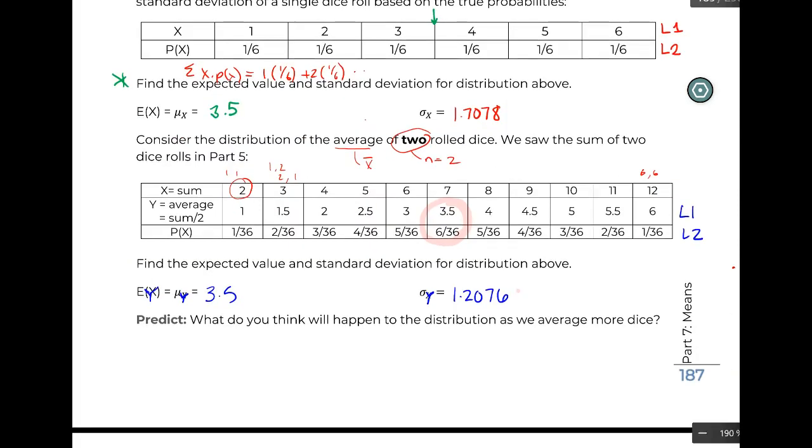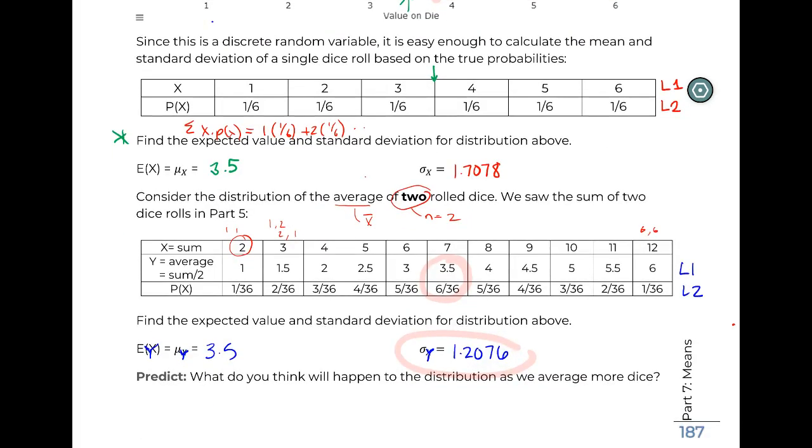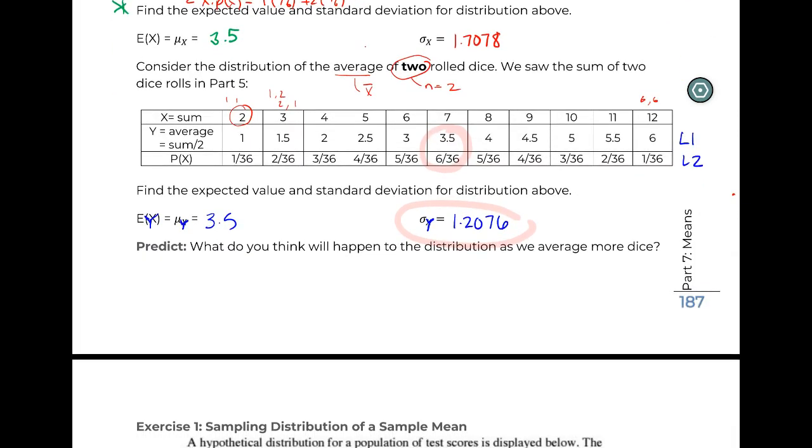And the standard deviation is slightly less, which makes sense because we're now starting to get centered around this mean as opposed to being equally spread out around everything. So what do you think will happen to this distribution if we took more dice? Instead of rolling 2, we took 3. Hopefully your prediction is that it should be more clustered around 3.5, which is a way of saying our standard deviation would go down.